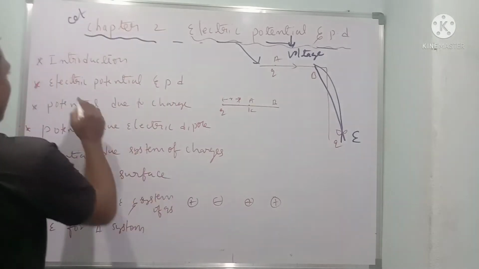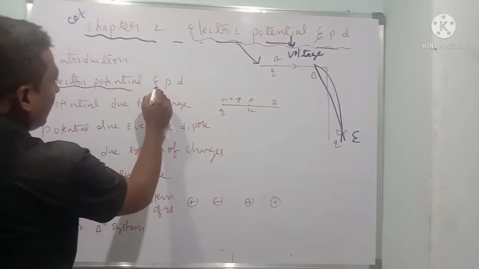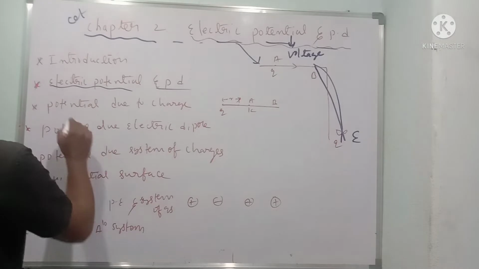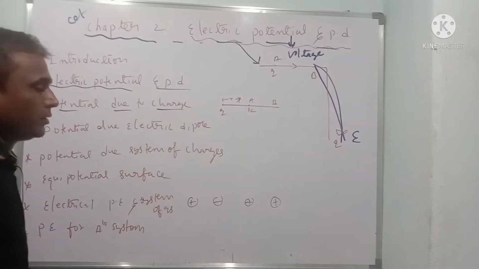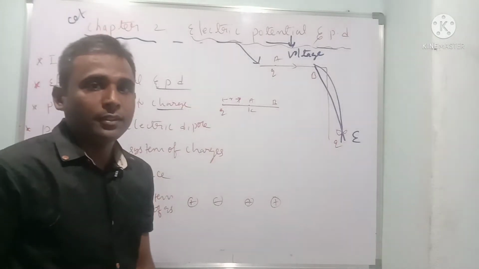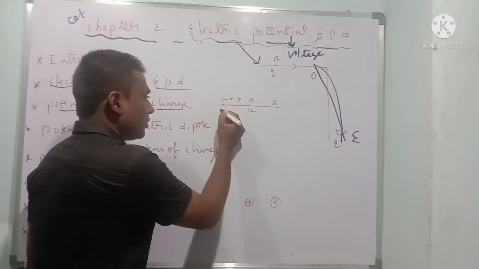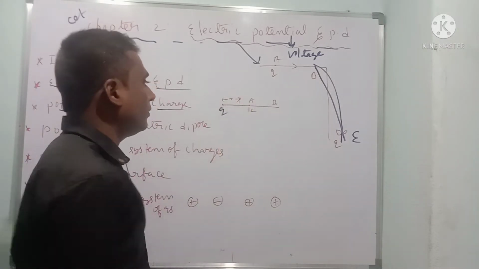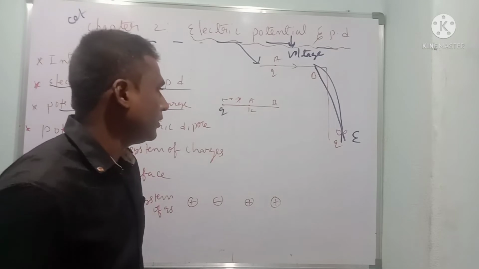Dear children, now potential due to a charge. Let us consider there is a charge, with 1 coulomb of charge.